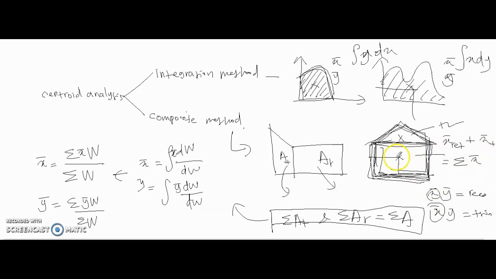This total x bar is the center of gravity of the whole shape. Say the x bar is at this location. The same goes for y bar: sum up both and you get the total y bar, in this location. So this new location of x bar and y bar is the centroid of the whole shape.